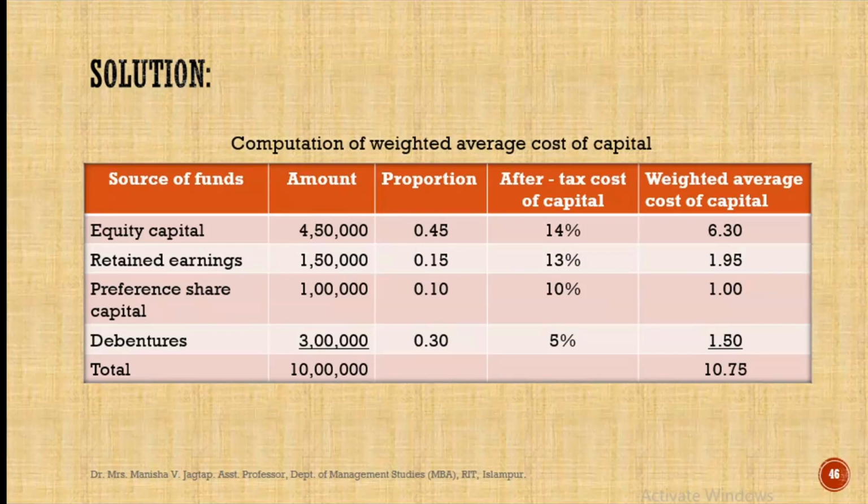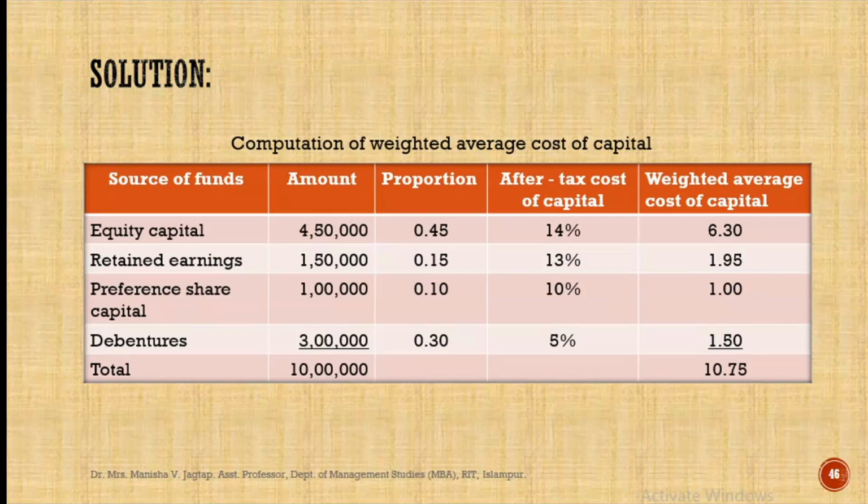For debenture, it is 0.30 into 5%, which gives us 1.50. In this way, we calculated the weighted average cost of capital, and now the total weighted average cost of capital is 10.75. So in this way, one can compute the weighted average cost of capital.